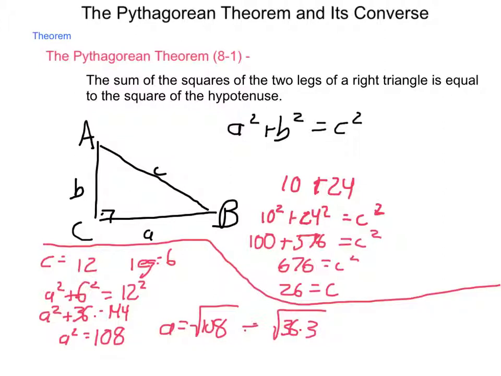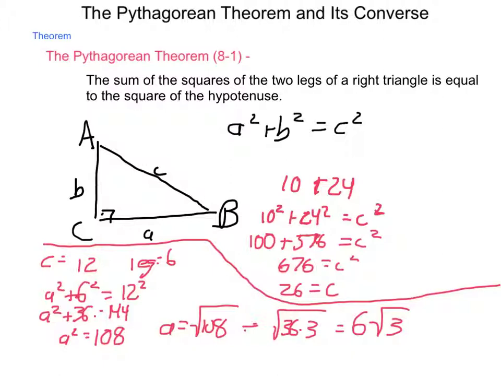And using properties of radicals, or square roots, I can take the square root of one part and leave the other. So the square root of 36 is 6, and the square root of 3 I will leave behind. So when we're given some information, we're able to go through and find the other parts of a right triangle thanks to the Pythagorean theorem.